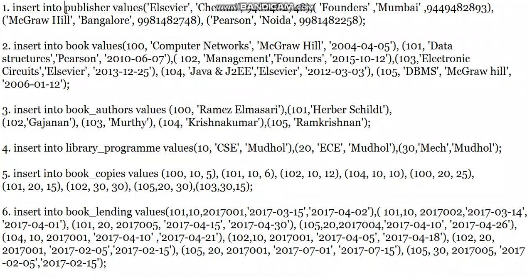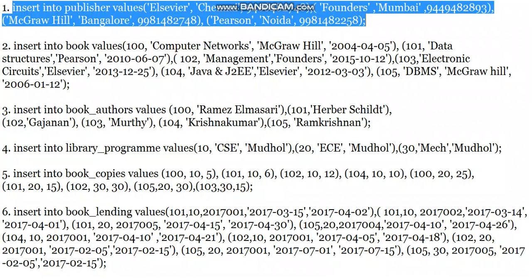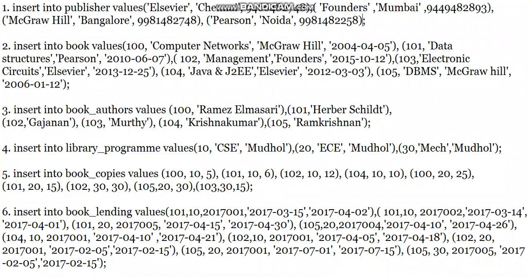You can insert one row at a time, or one tuple of information, or you can insert multiple rows. I have inserted multiple rows, these, ending with a semicolon. While inserting multiple rows, you have to be careful about the comma.